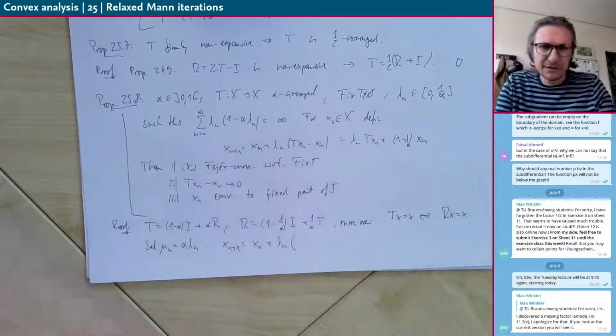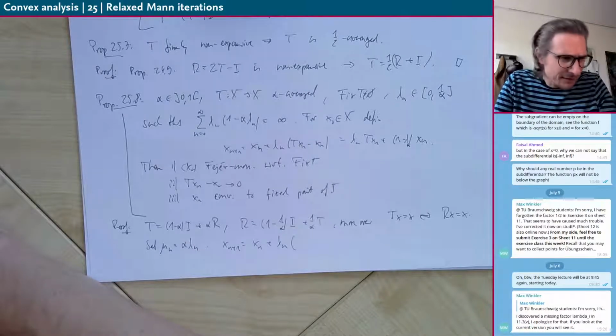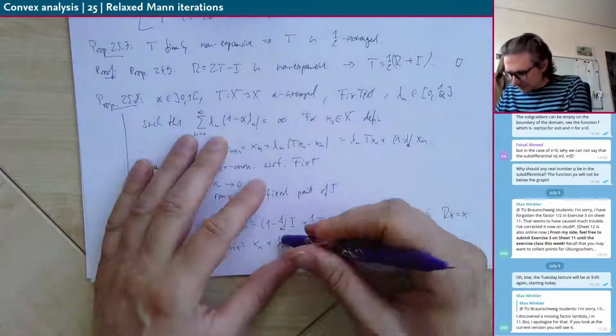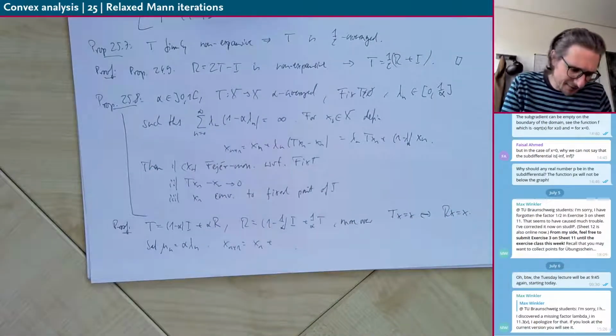Oh boy, I should have checked more thoroughly here, sorry. Okay, so I skipped this because it's a simple calculation, and what I wrote there was wrong actually in the lecture notes.